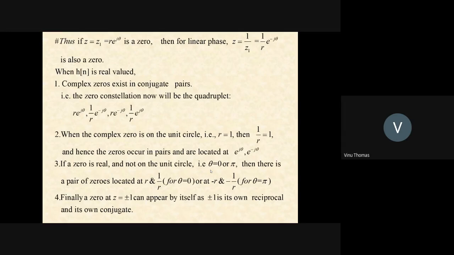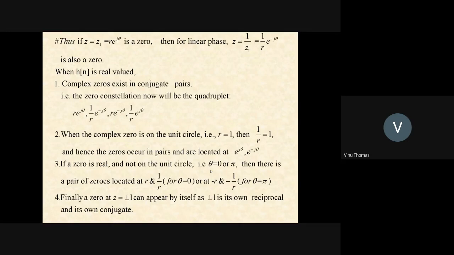So if the zero lies at, let's say, plus 5, then you will have its reciprocal at 1 by 5. So if plus 5 is a zero, then 1 by 5 is also a zero. Likewise, if minus 3 is a zero, minus 1 by 3 also will be a zero.